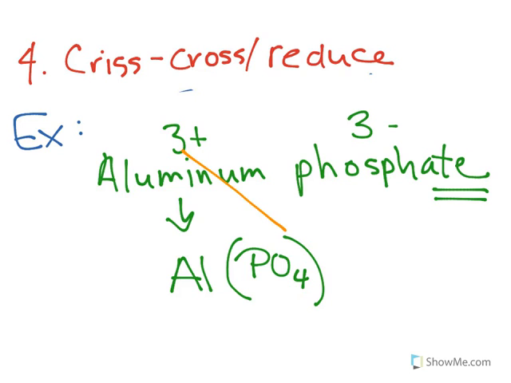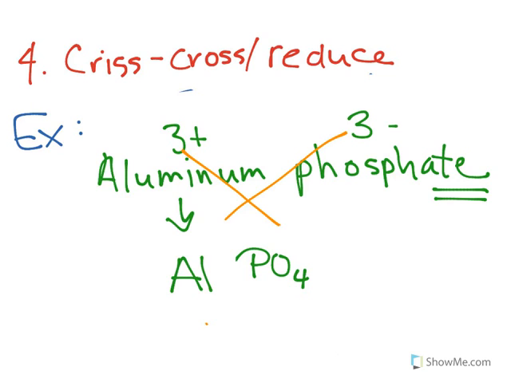We're going to take the 3 from aluminum, give it to the phosphate, 3 from phosphate, give it to the aluminum, but both of those are divisible by 3. And when we do that, they cancel out. So this would just be AlPO4. Now, if we didn't end up adding any numbers, what we will usually do is take the parentheses off the polyatomic and just leave it as AlPO4.